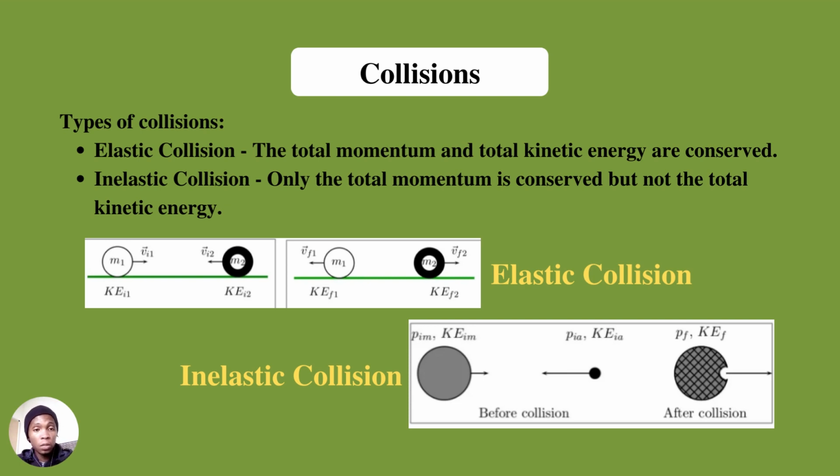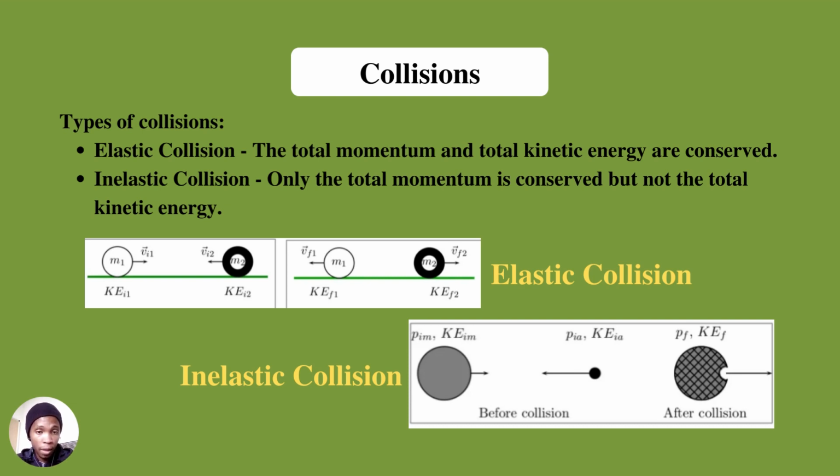Inelastic collisions are where only the total momentum is conserved, but not the total kinetic energy. The total momentum before equals the total momentum after, but the total kinetic energy before is not equal to the total kinetic energy after.